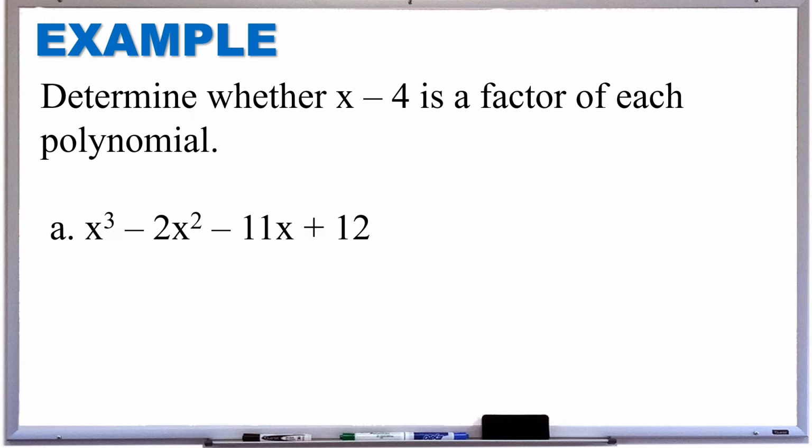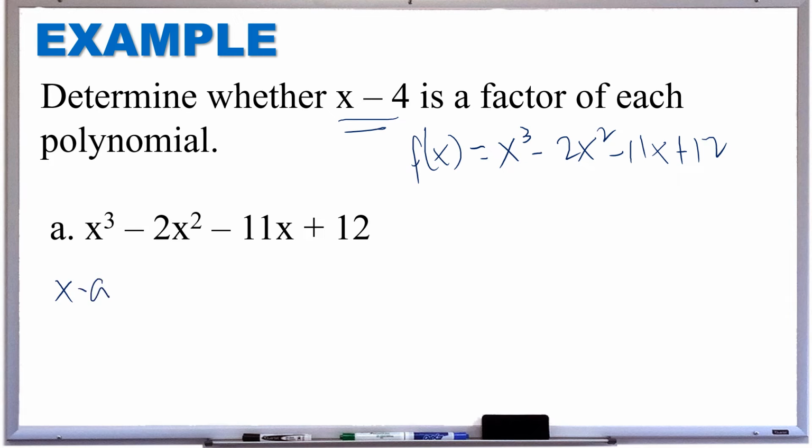We let f of x be equal to x cubed minus 2x squared minus 11x plus 12. If you notice, the divisor is x minus 4, which is in the form x minus a. So it follows that a is equal to 4.